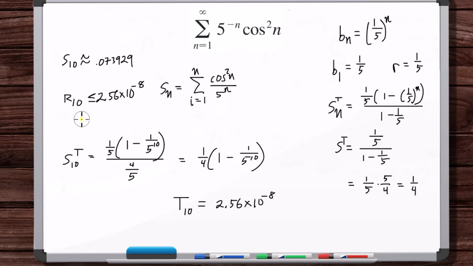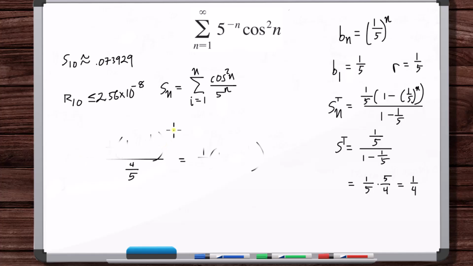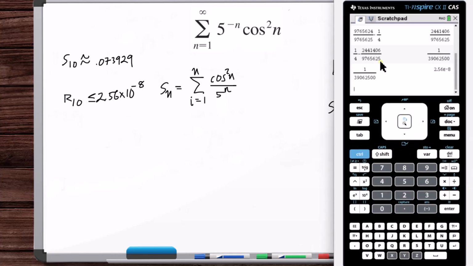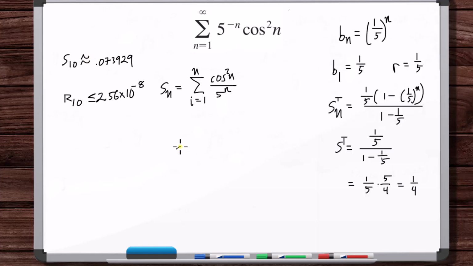Okay, but again, can we improve this? Yeah, we can. How? Because what we can do is we can say that, again, remember the whole purpose of this is not to get a partial sum. We're trying to estimate the infinite sum. So what we know is that if we take the s sub 10, the infinite sum is going to definitely be greater than this.